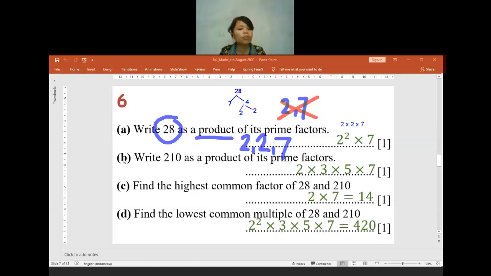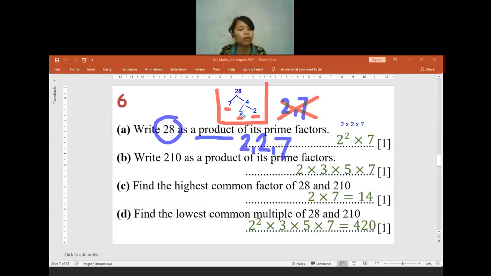Okay, is there anyone who gets confused? So the first thing you have to do for 6a, because it is product of its prime factors, is make the factor tree first. When you have made the factor tree, you have to take the number at the end of every branch. This is the end, this is the end, this is the end.